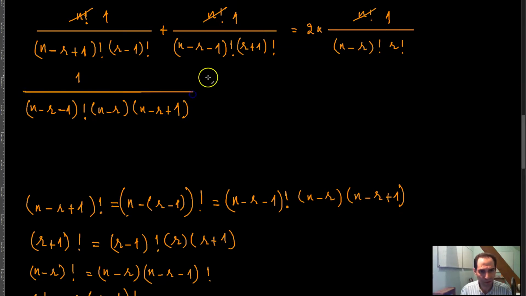That I can write. And r minus 1 factorial, I will write it as r minus 1 factorial. So that is basically one part.